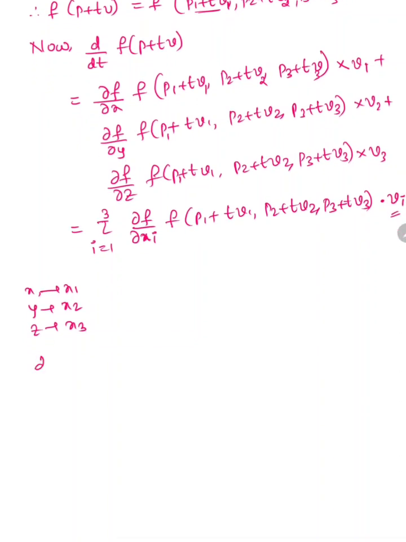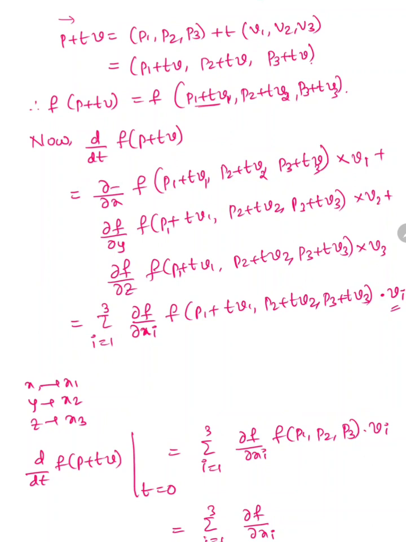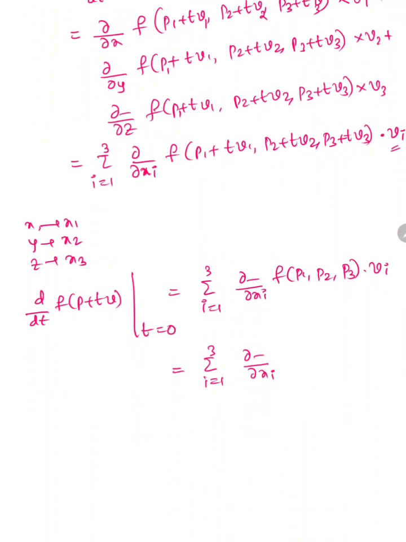Now as the definition says, d by dt of f of p plus tv at t equal to 0 will give the directional derivative. So this is equal to the sum over i from 1 to 3 of dou f by dou xi of f at (p1, p2, p3) into vi, which is dou by dou xi of f at p into vi.